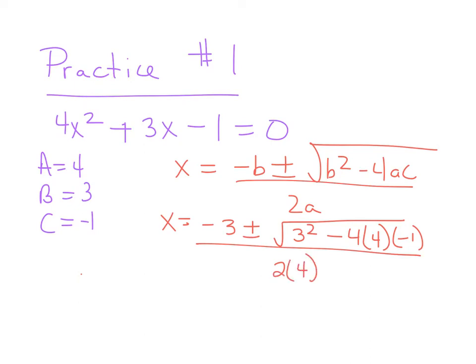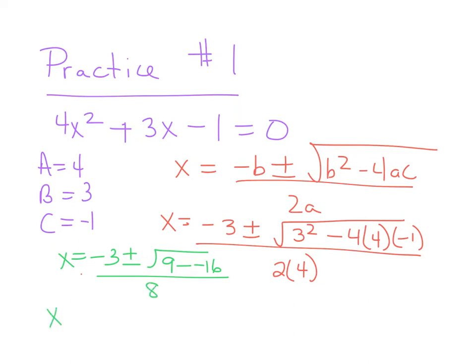Okay, at this point I'm ready to start simplifying and computing. So x equals -3 plus or minus the square root of 9 minus 4 times 4, which is 16, times -1 is -16, all over 2 times 4 is 8.